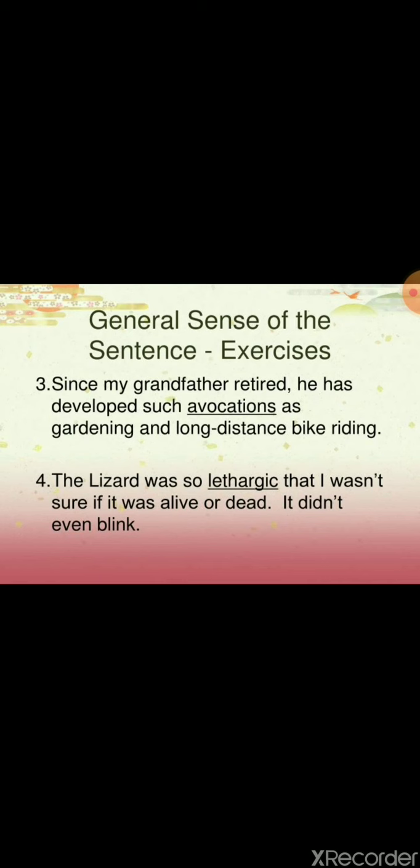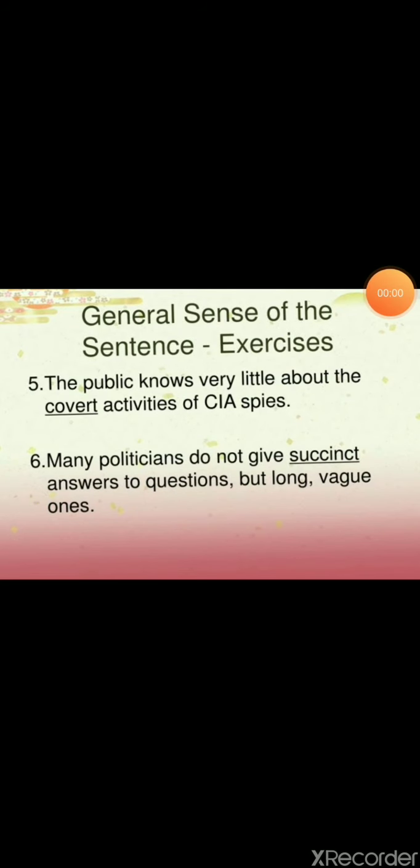The lizard was so lethargic that I was not sure if it was alive or dead; it didn't even blink. Lethargic indicates something without motion, deadly. Such clues will be helpful for you to go to the right option in your questions. The public knows very little about the covert activities of CIA spies. It is giving you very little, so covert activities means more.